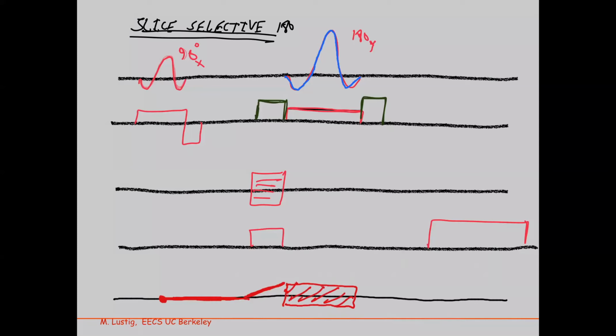But after the 180, my phase is going to be negative. And then this adds a positive phase again, right? So whatever you have, it's nicely going to be refocused by the end.